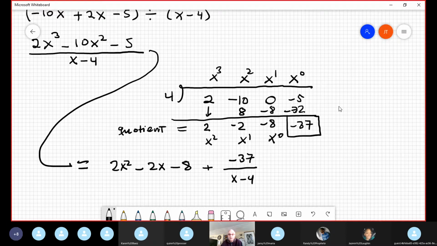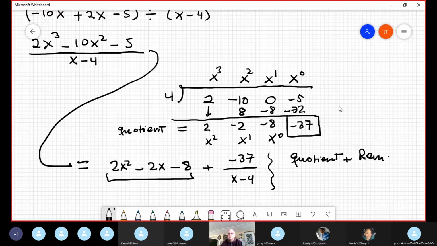So the formula is quotient, in this example was this guy, plus remainder, in this case negative 37, divided by divisor. In our problem, the divisor was x minus 4.